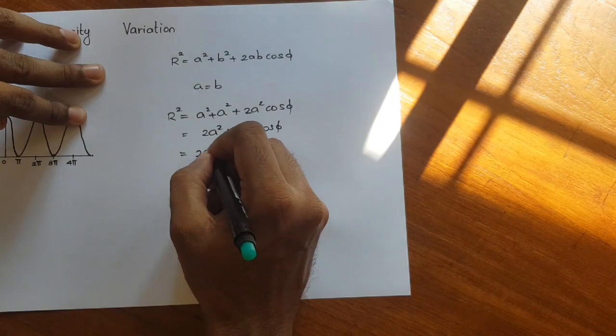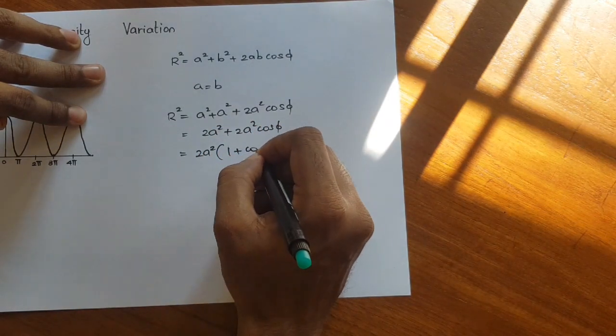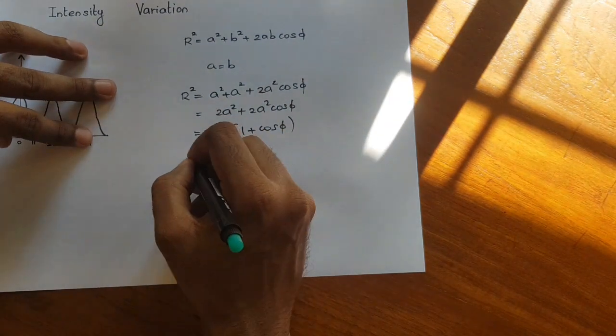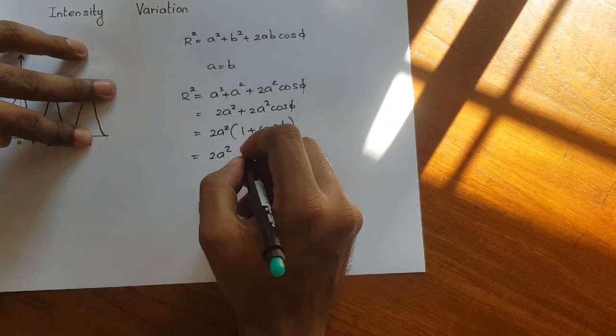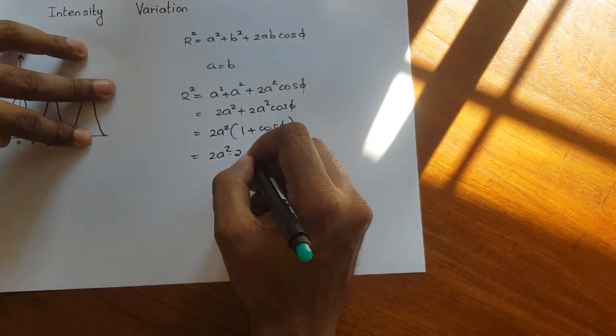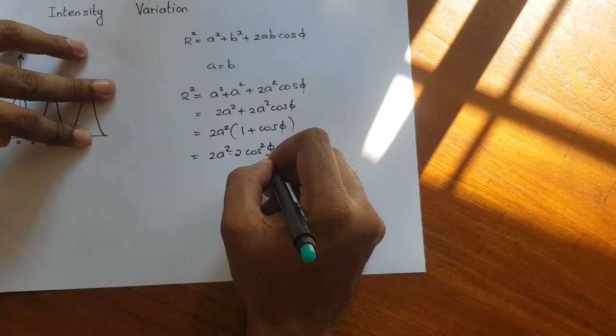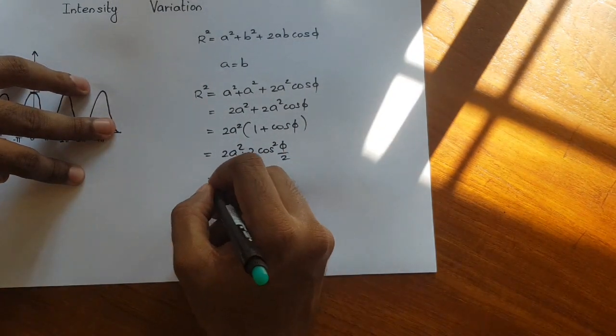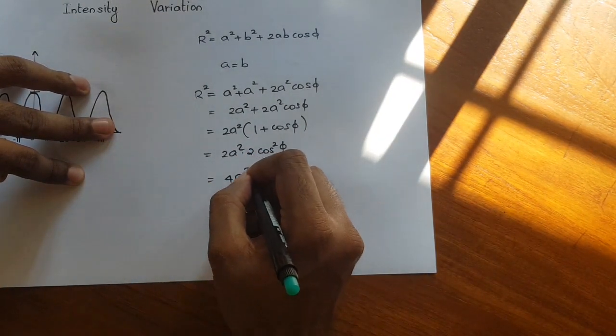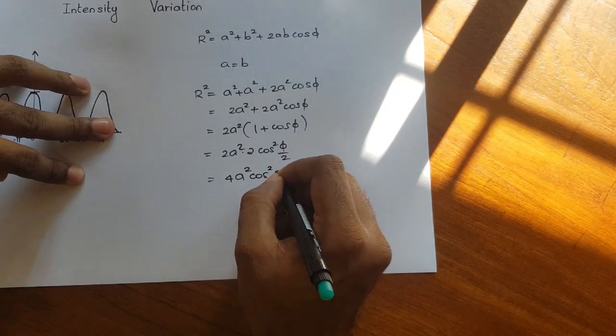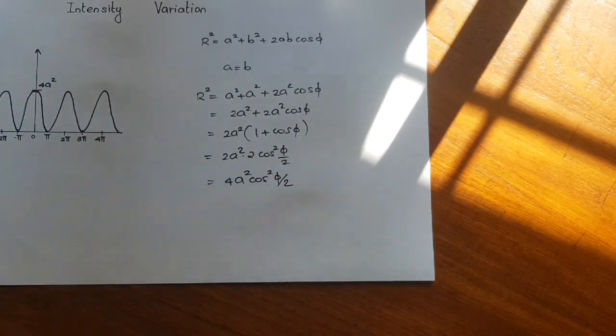The 2A square can be taken as common, 1 plus cos phi. This 1 plus cos phi can be written as 2 cos square phi by 2, a trigonometric relation, and this can be written as 4A square cos square phi by 2.